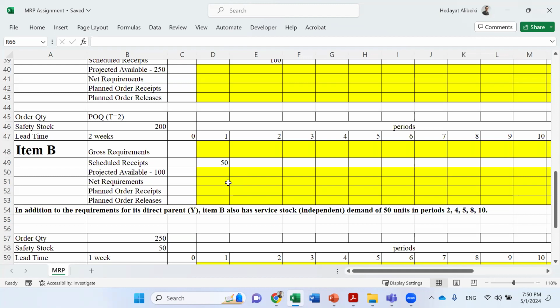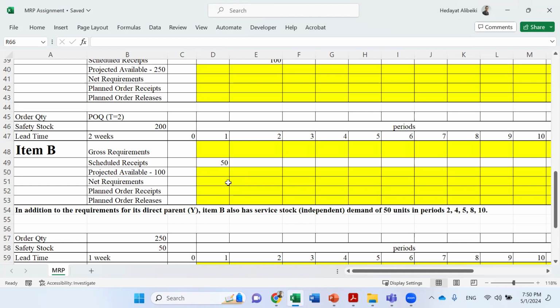So for item B, the gross requirement has to be calculated based on the planned order release of item A. But this item is dependent on A and also sold in the market, okay?